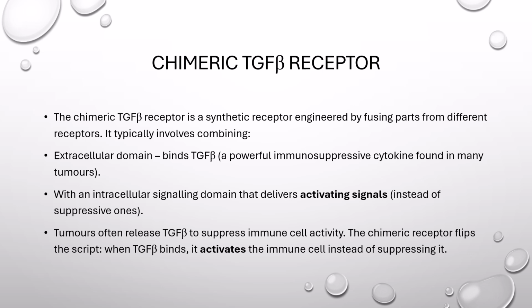And so consequently, instead of being switched off, the T cells are switched on. So what have I got here? So this receptor is created or engineered by fusing two different receptors. One is the actual receptor itself, and the other one is the CD3 or the CD28.